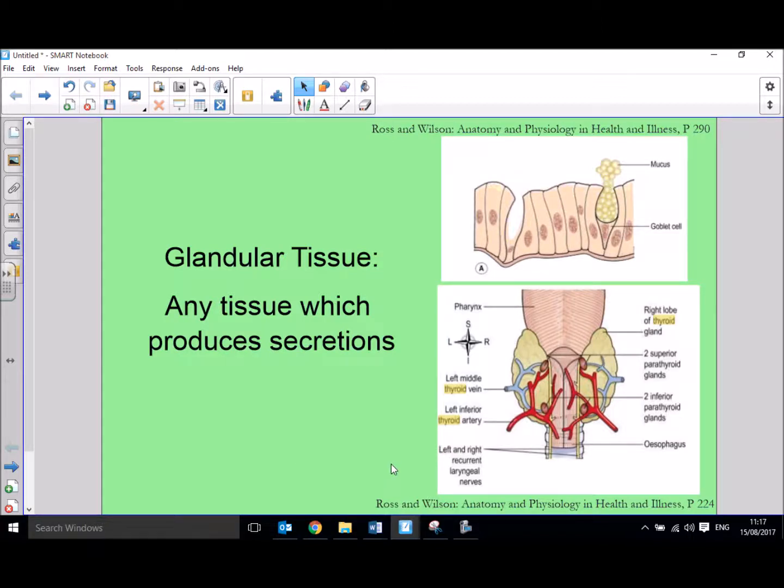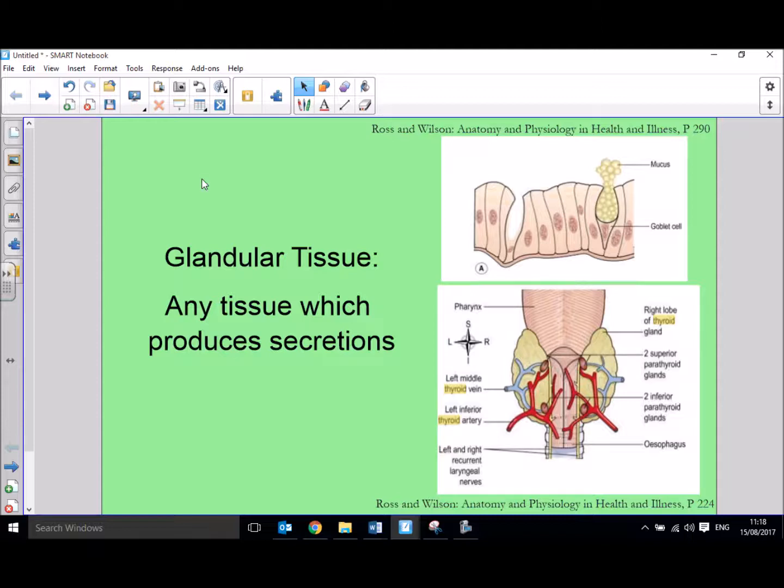To the other extent, we have something like the thyroid gland, which is what I've got pictured here, which is a very complex structure and plays a big role in the maintaining of the body as a whole. But either way, they both produce secretions, and therefore they are both considered to be glandular tissue.